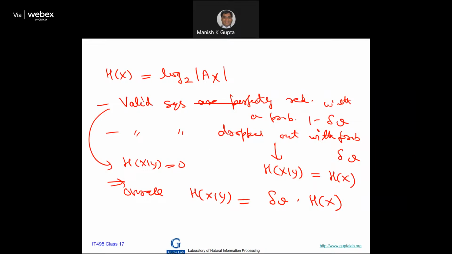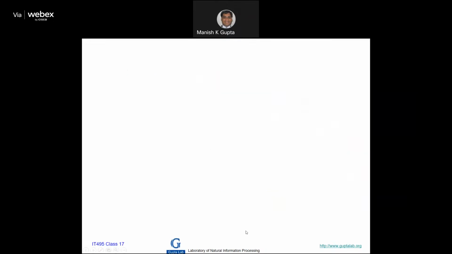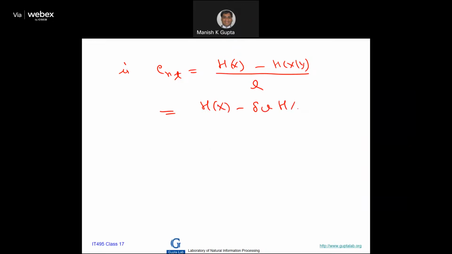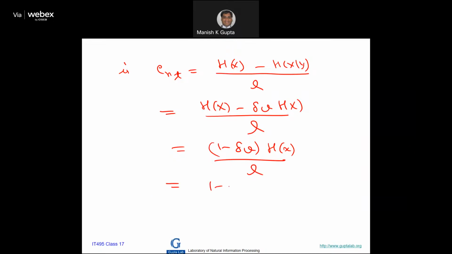Therefore, I can compute the capacity per nucleotide: C_NT is equal to H(X) minus H(X|Y), divided by L. I know the value from the top: H(X|Y) is delta V times H(X), divided by L. This is equal to 1 minus delta V times H(X) divided by L. Now H(X) is nothing but log base 2 of |AX|, as we just saw, divided by L. Entropy of X, as you see, is here.